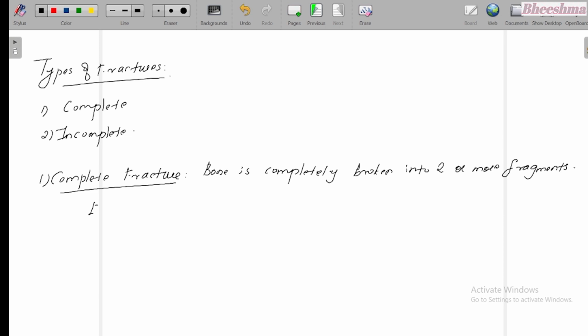For example, transverse fracture. The second one is oblique fracture. Third one is spiral fracture.